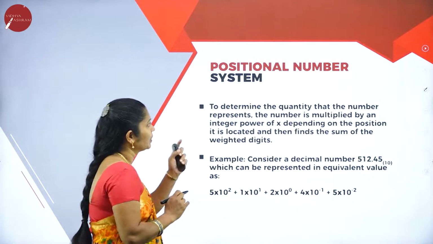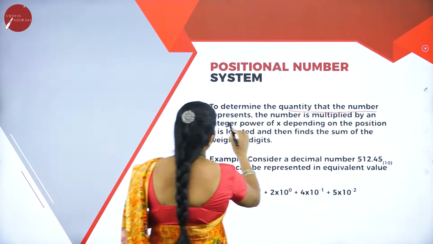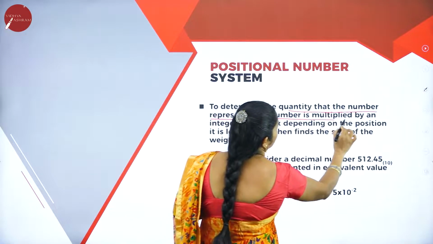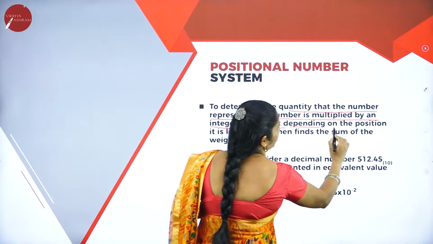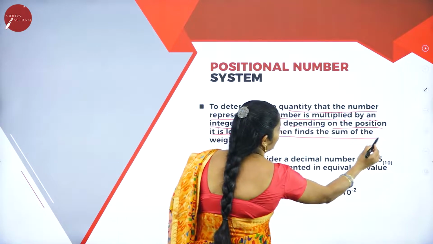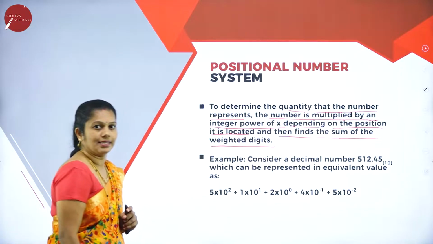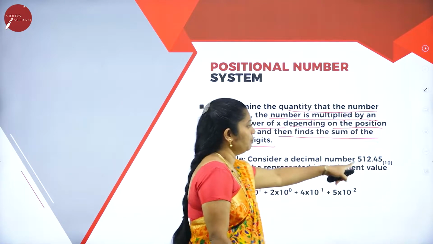Now, is it clear? Next, to determine the quantity that the number represents, the number is multiplied by an integer power of x depending on the position it is located, and then we find the sum of the weighted digits. For example, consider a decimal number 512.45.